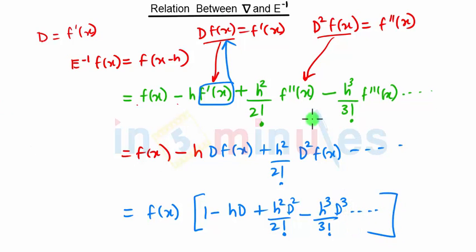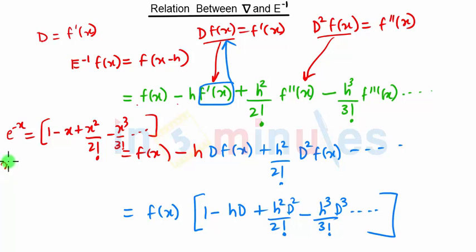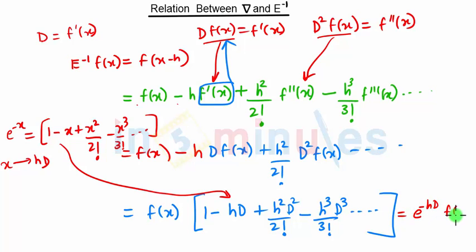So what is the expansion of e raised to minus x? Expansion of e raised to minus x is nothing but 1 minus x plus x square upon 2 factorial minus x cube upon 3 factorial, and so on. If we replace x by hD, we will get this term. So this expansion is nothing but e raised to minus hD into f of x.